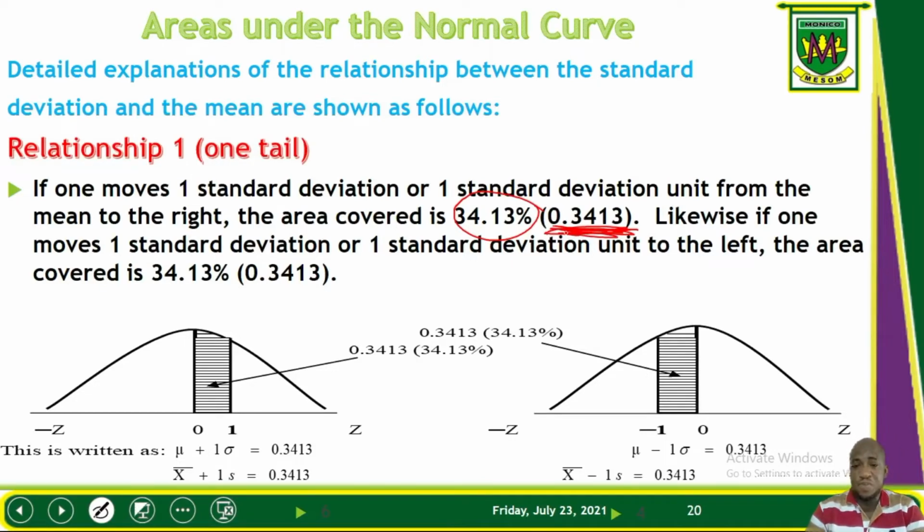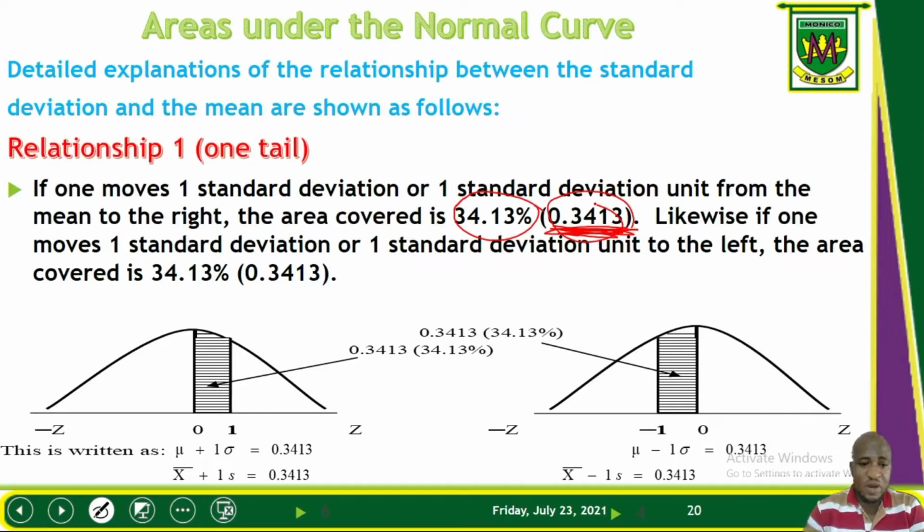On the table, you will see the decimal. If a statistician wants to know the value for moving one standard deviation unit from the mean, this is the value you see on the table: 0.3413.